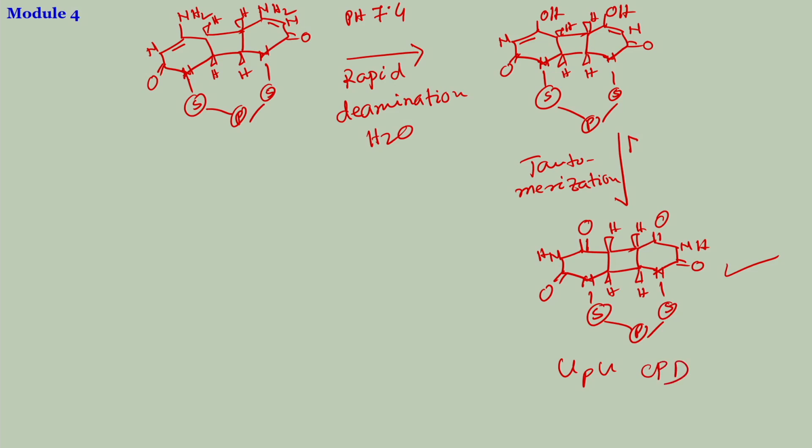CpD. So, you have basically come down from a cytosine dinucleotide. After the photo reactions, you have finally come down to a lesion, a cyclobutane pyrimidine dimer lesion, not for cytosine, but for uracil.